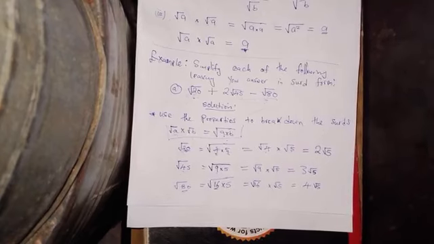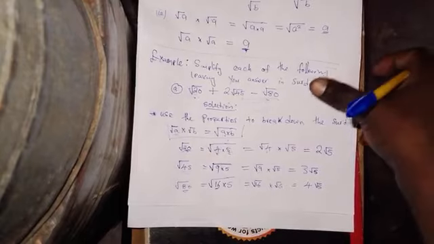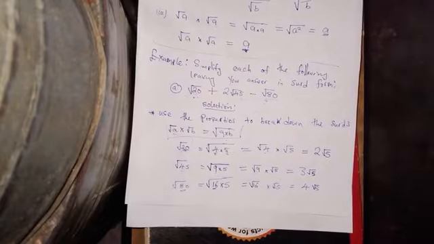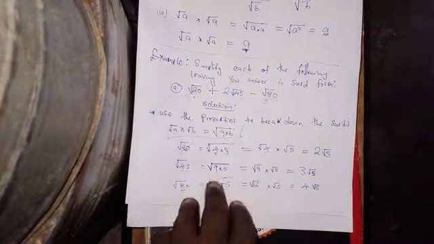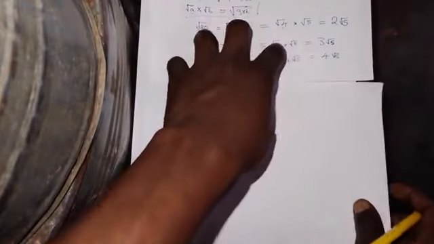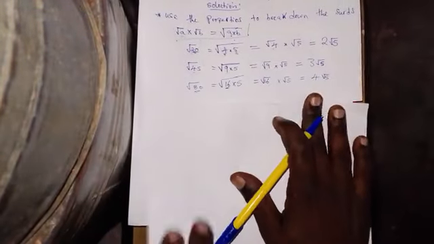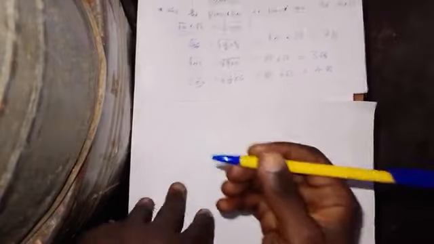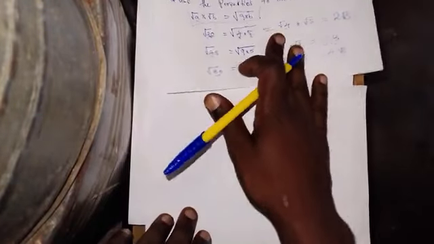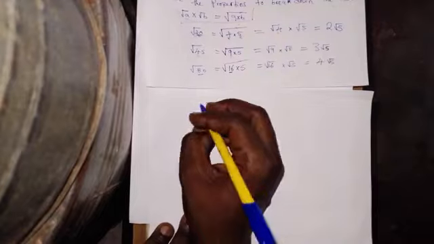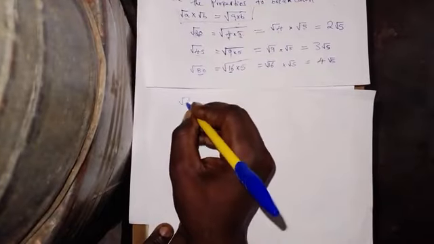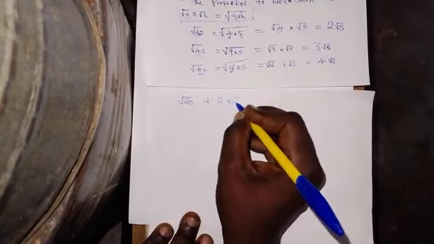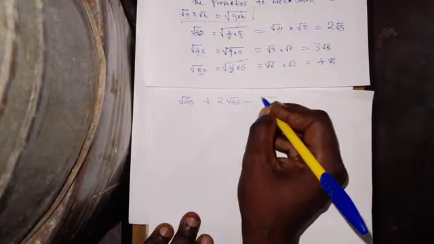Now let's join all these expressions together according to what we had. So remember, we're trying to simplify the root of 20 plus the root of 45 minus the root of 80.